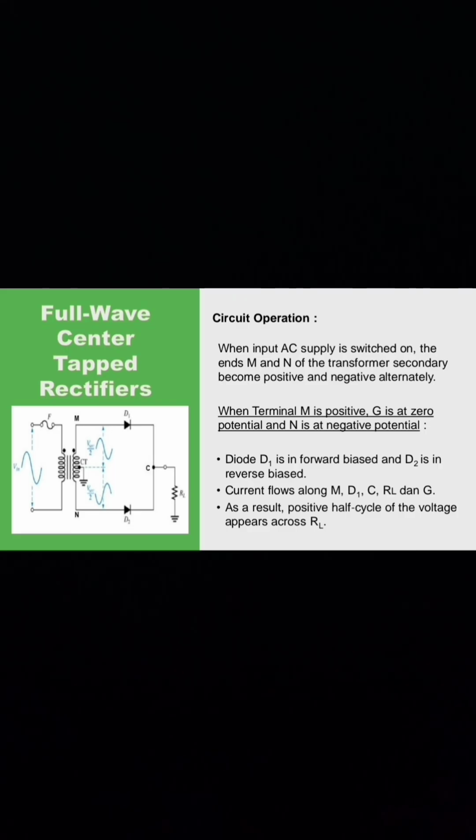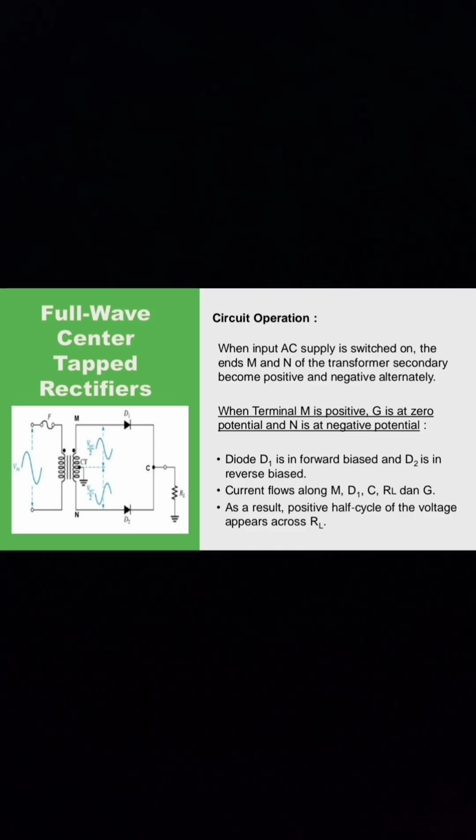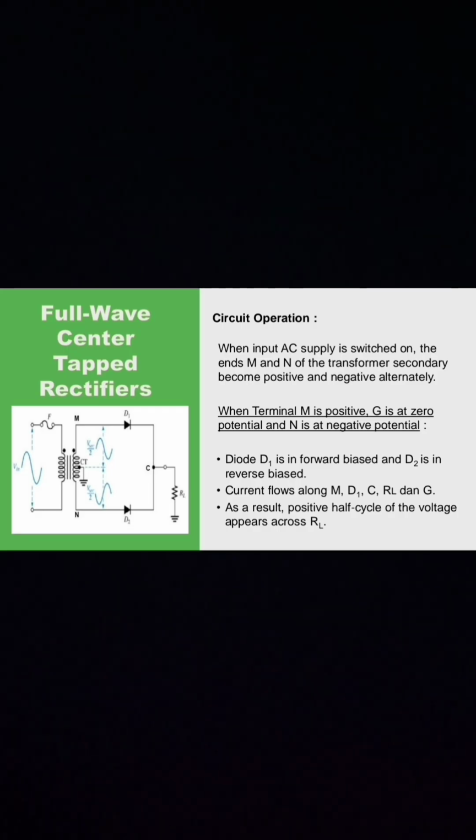Diode D1 is forward biased and D2 is reverse biased. Current flows along M, D1, C, RL and G. As a result, positive half cycle of the voltage appears across RL.